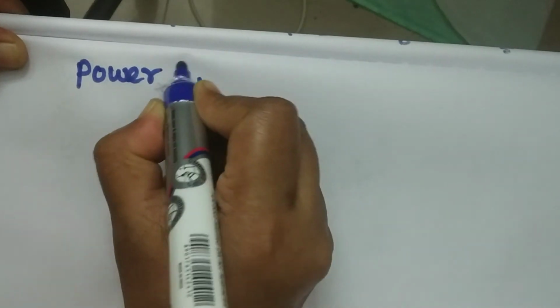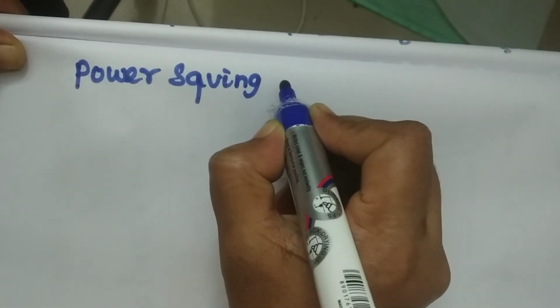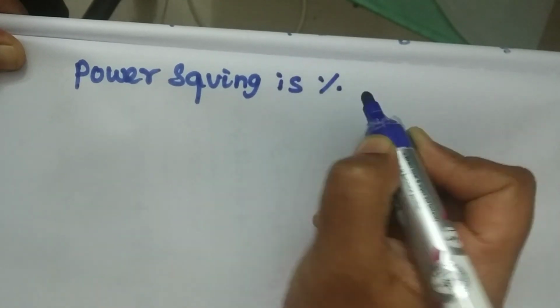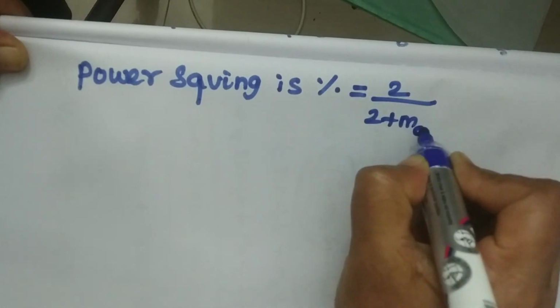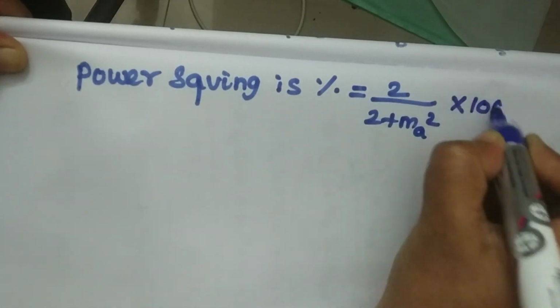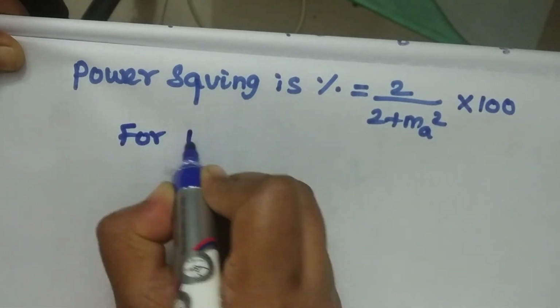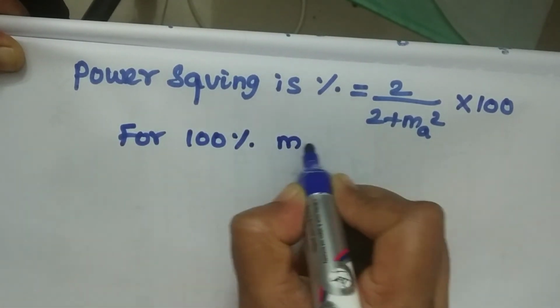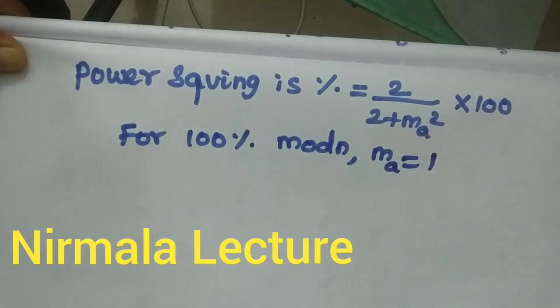Power saving percentage is equal to 2 divided by 2 plus MA squared into 100. For 100% modulation, MA is equal to 1, isn't it?